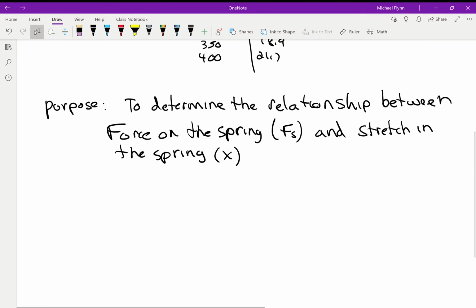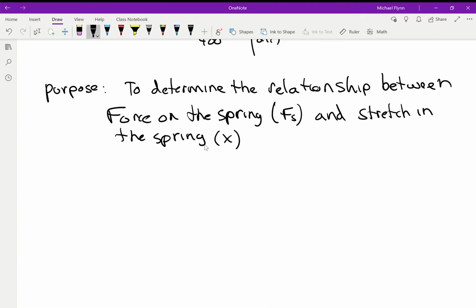Now, to show you a diagram of the apparatus, just so you remember what we were doing, I had this little ring stand like this. I had a spring hanging down from it. Actually, I'll use a different color for the spring. It's springtime, so let's use a rainbow colored spring. Then we attach a mass to it.